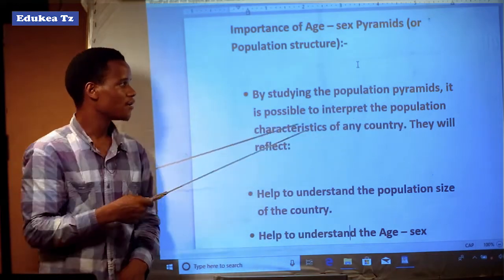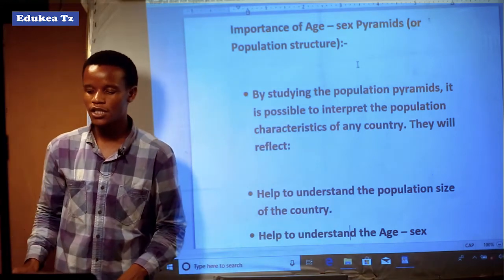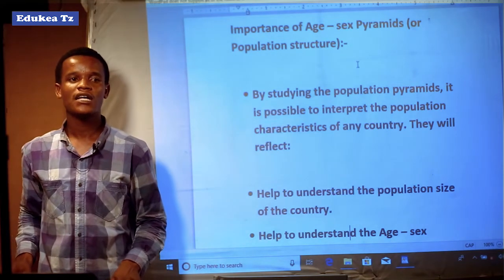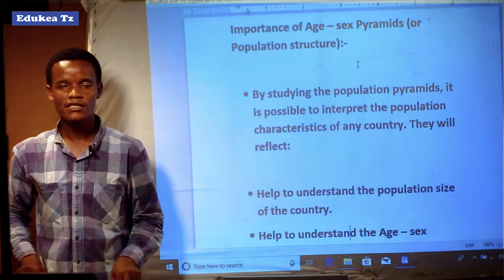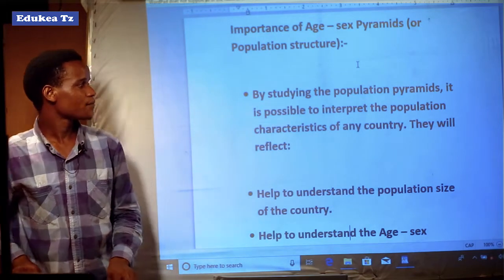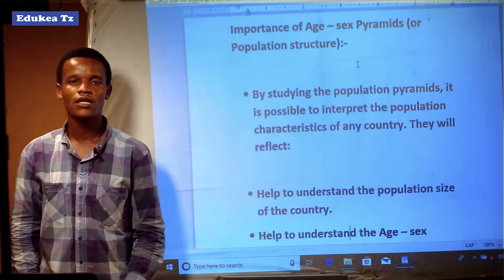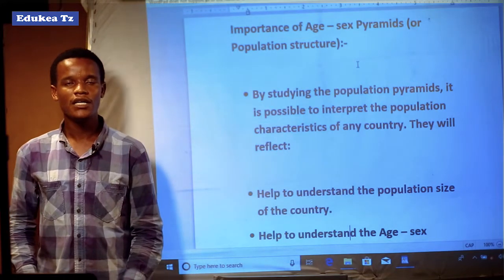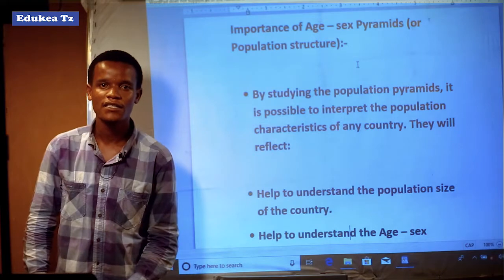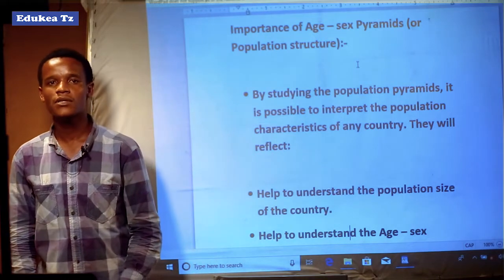By knowing the population pyramid, one can recognize that the age-sex structure of a certain area has different characteristics compared to another, because the age-sex structure of a place differs in terms of characteristics. They cannot be the same.